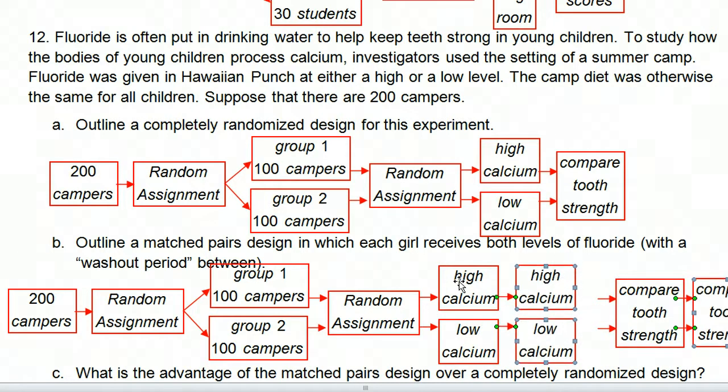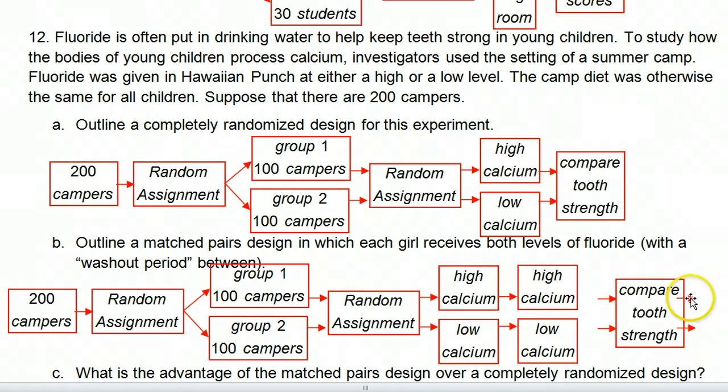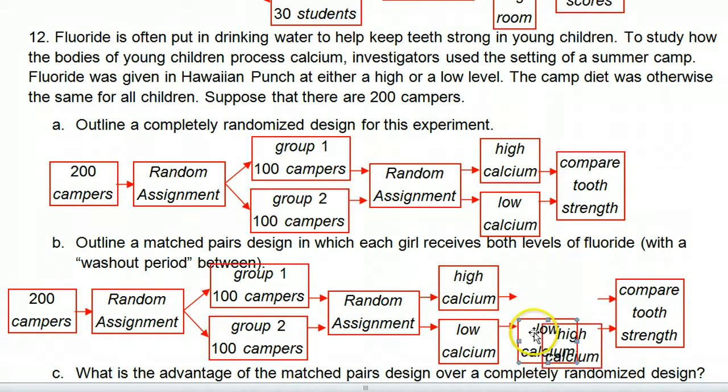Okay, check it out. See, I accidentally doubled that too. Don't need that or this. Now, I'm not going to do high calcium, because that would be the same thing twice. That would be silly. So I'll just take these and I'll switch them up.